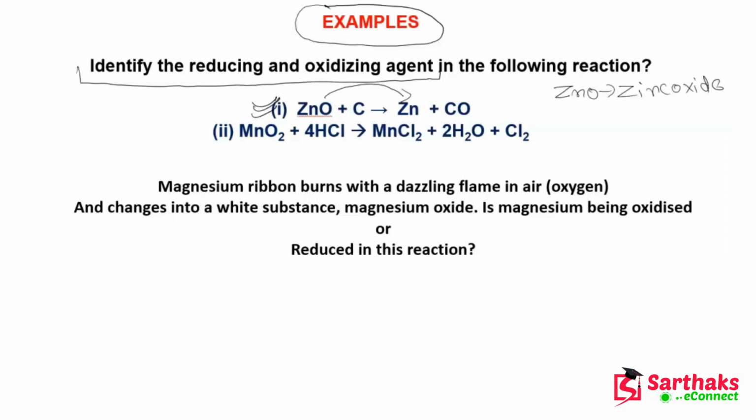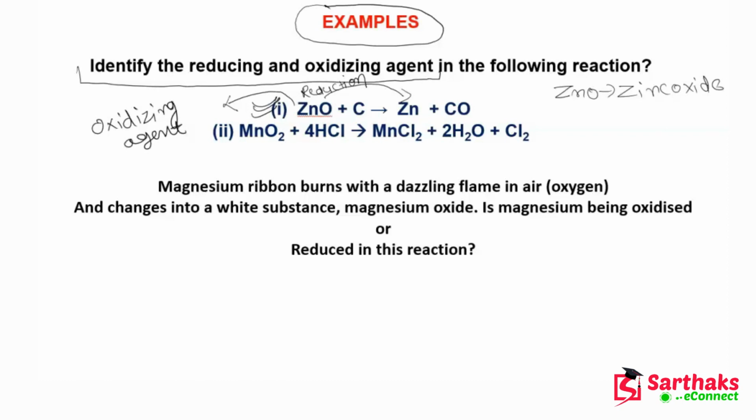So guys, we know that removal of oxygen is known as reduction. And because there is a reduction, we will say that ZnO, zinc oxide, is our oxidizing agent.